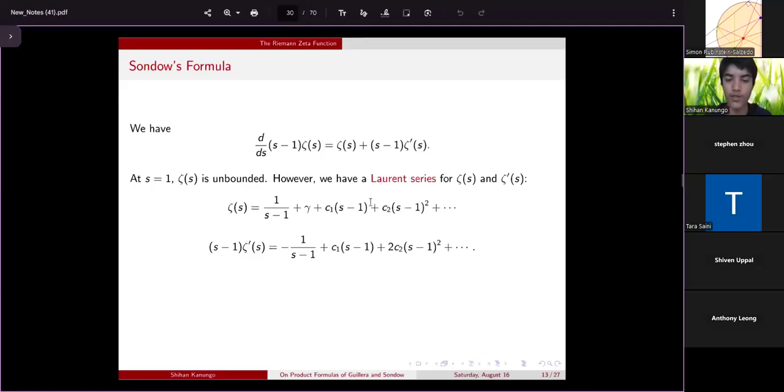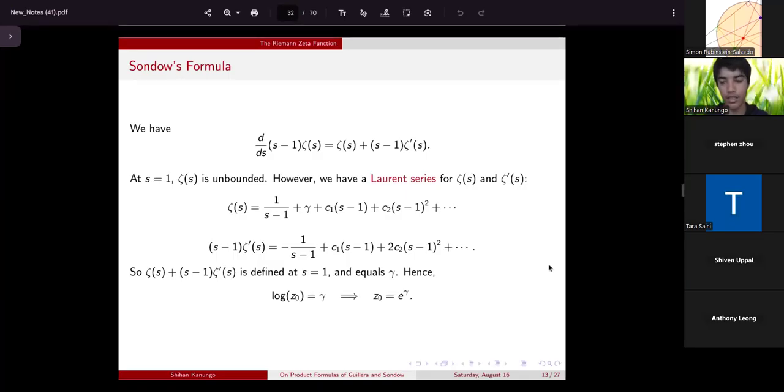And if we plug in s equals 1, all of these terms are 0. So we just get a gamma. So it turns out that the unboundedness of this function and this function sort of cancel each other out. And that means that we get log of z0 is equal to gamma. And that proves the e to the gamma formula that we saw earlier.